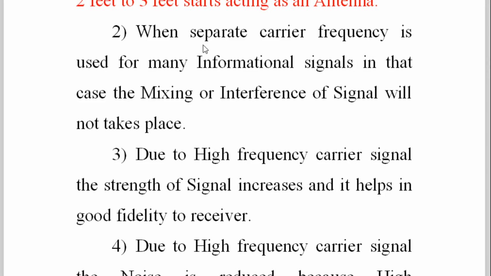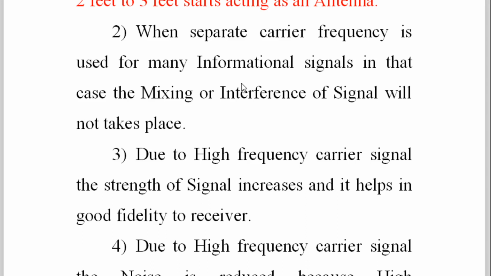So when a separate carrier frequency is used for many information signals, the mixing or interference of signals will not take place. This is one of the advantages of modulation. In modulation, you can allot different carrier frequencies to the number of information signals which have the same information signal frequency.